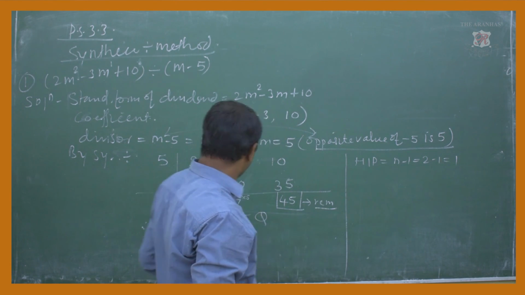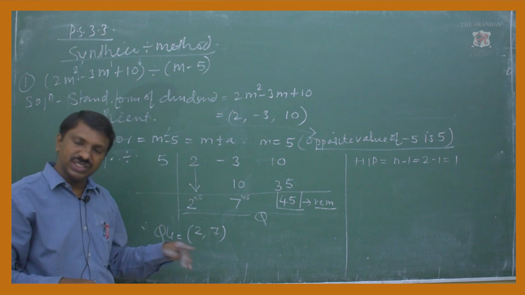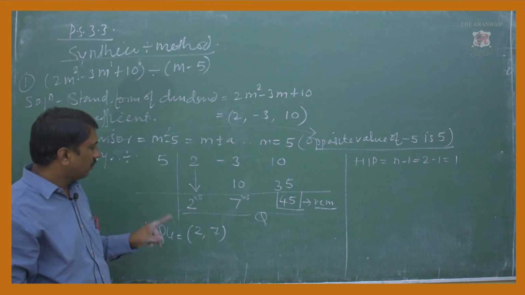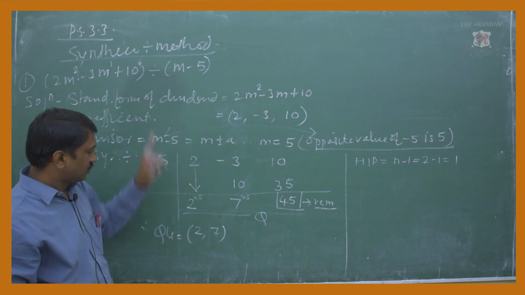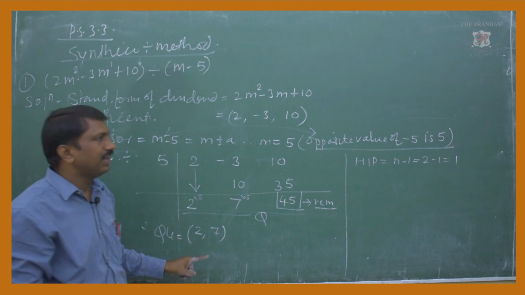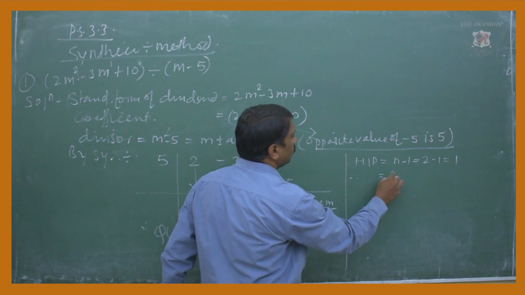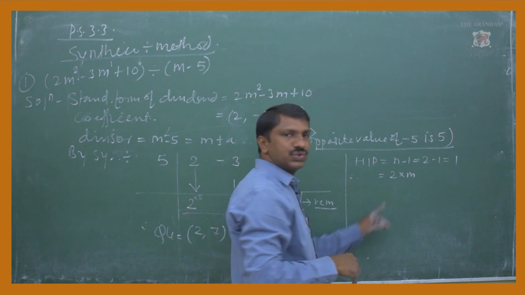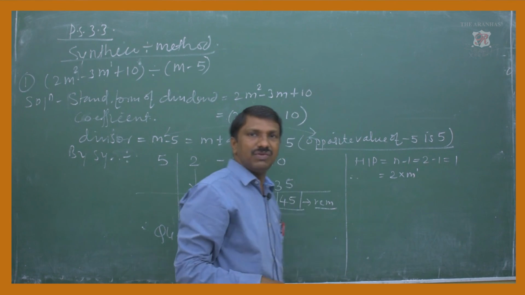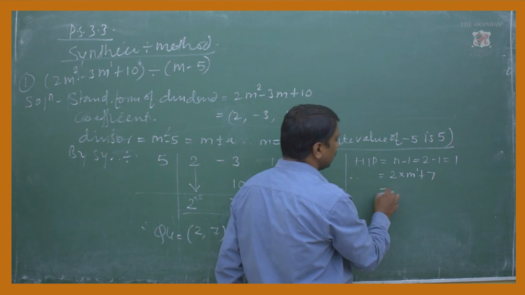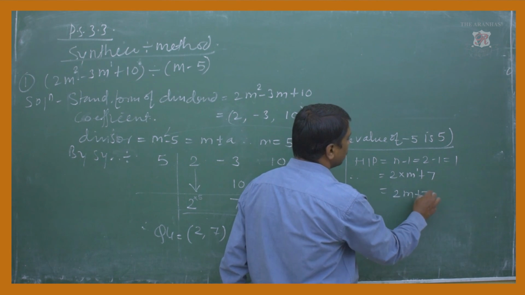So the highest index power of this polynomial is 1. The variable here is m. So we can write 2 into m, that is 2m, because the index power is 1, and then plus 7, which equals 2m plus 7.